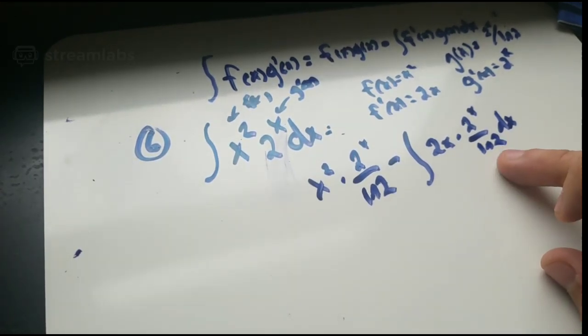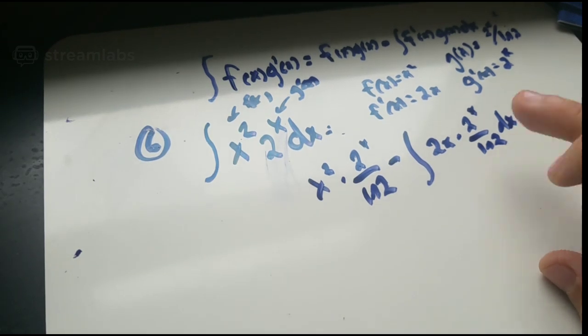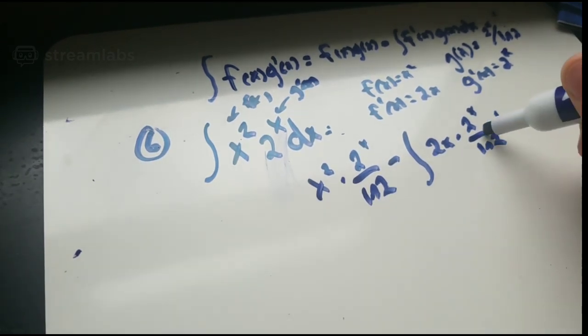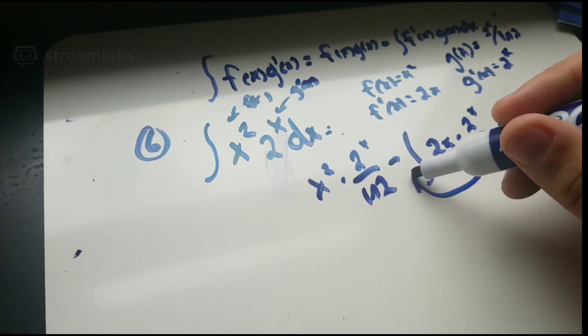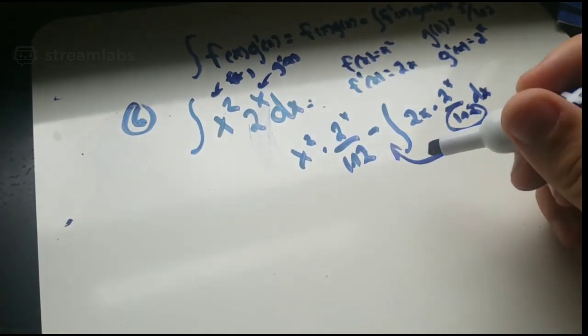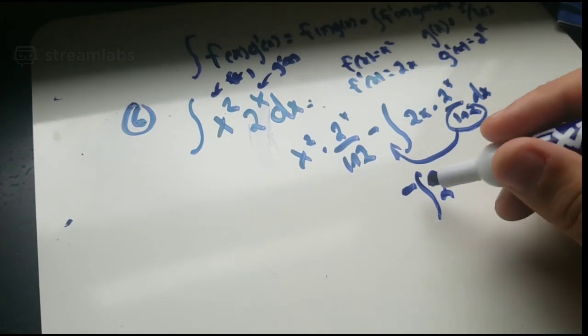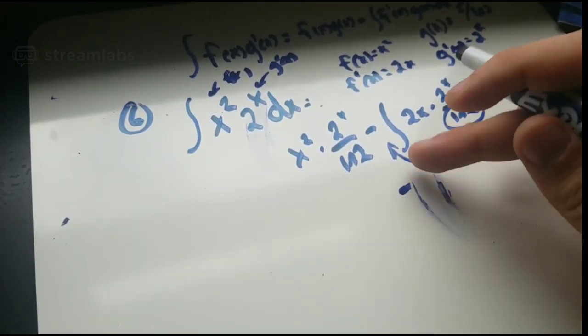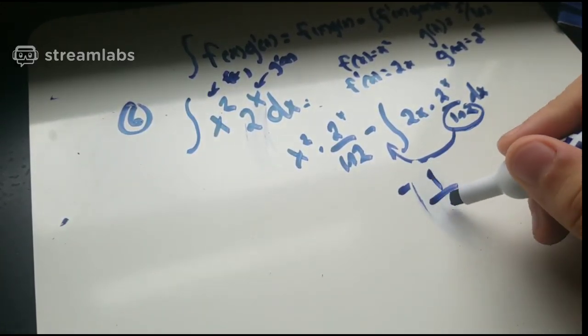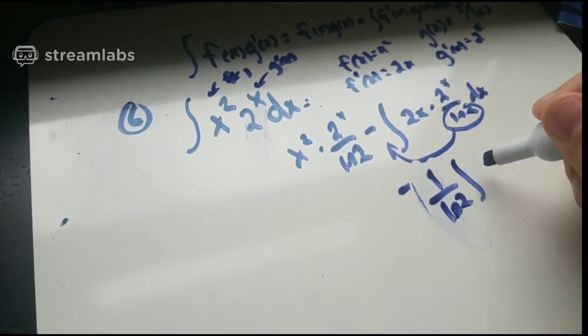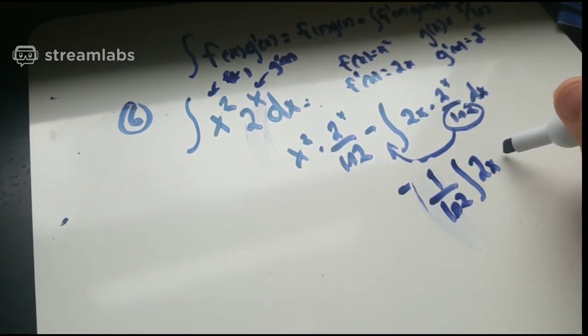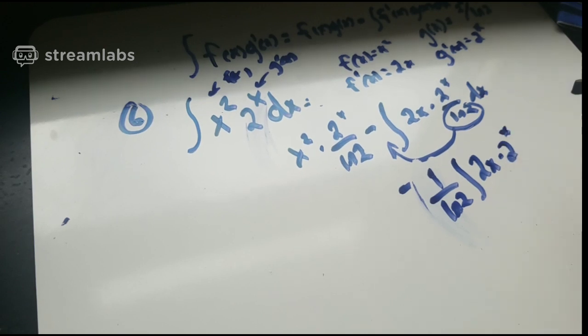Okay? Well, ln 2 is some number. And if it's some number, that is some constant. So because this is a constant, I can move it out to the front. So I'm going to rewrite this as negative 1 over ln 2 integral 2x times 2 to the x power dx.